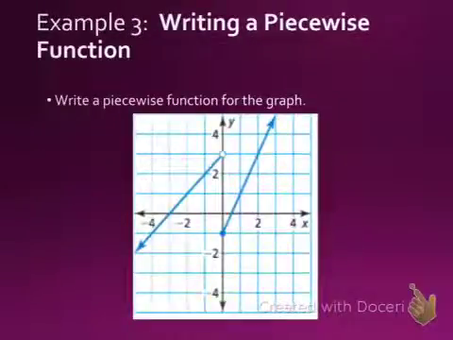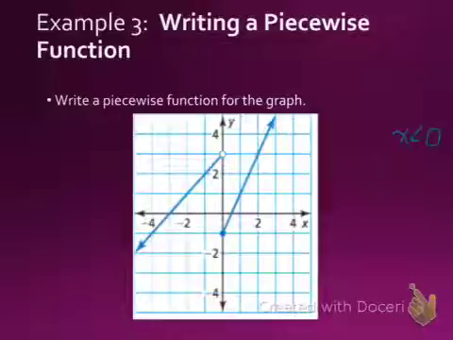How about writing a piecewise function? To write a piecewise function for the graph that's given, well, each piece of the function is linear. Our left piece here is when x is less than 0. So at x less than 0, what is that function? Well, it's the graph of the line.